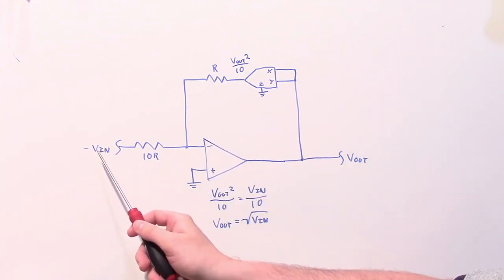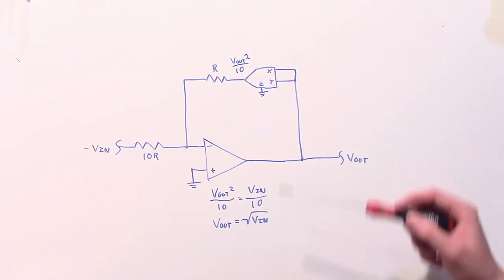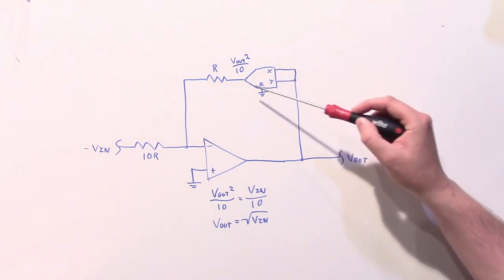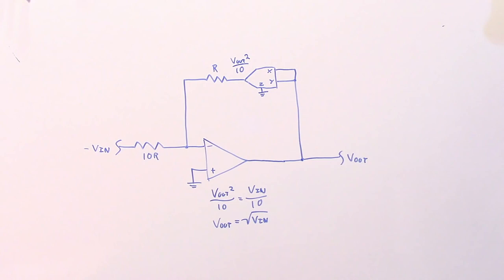So your input voltage has to be a negative voltage. To ensure that you never do provide a negative voltage to the multiplier, which would cause a latch-up situation, you usually want to add a diode in the op-amp's output. But aside from those restrictions, this is a really handy way to perform square root extraction.